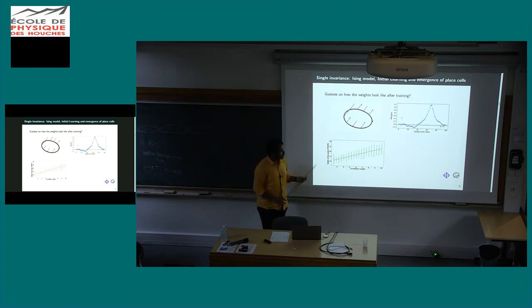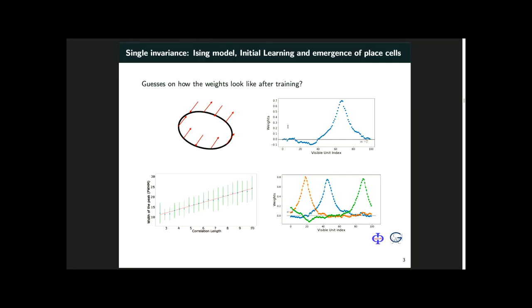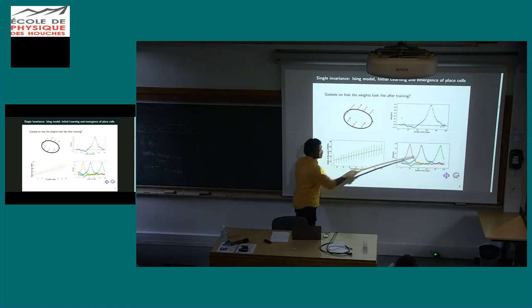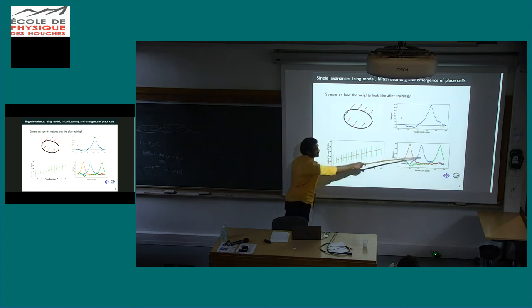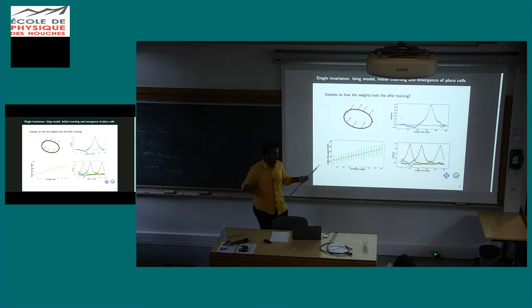You are seeing an increasing correlation length. If you have multiple hidden units, here I'm showing an example for 3 hidden units, you see peaks which are well separated along this manifold. They have slightly less width, and as you increase the number of hidden units, up to 100, the peaks are really, really small.